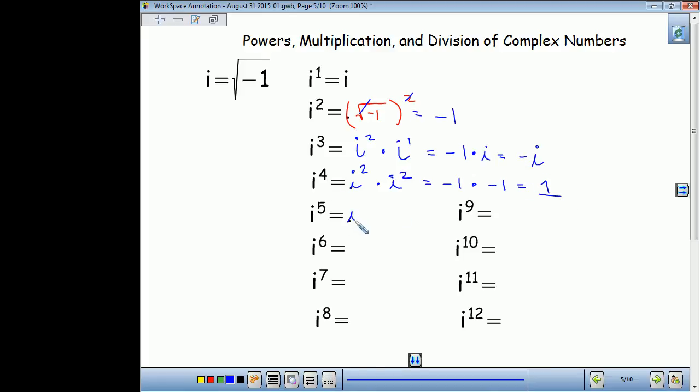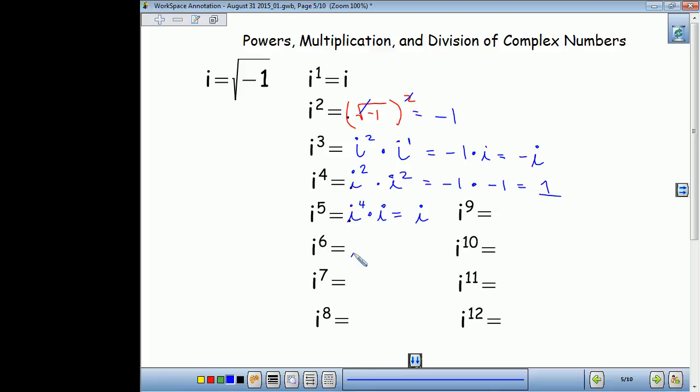i to the fifth, we can rewrite as i to the fourth times i, can't we? i to the fourth is 1, and 1 times anything is just that thing. So it's i, because 1 times i is i.